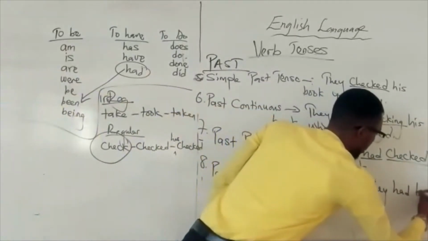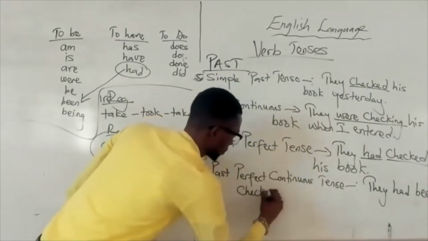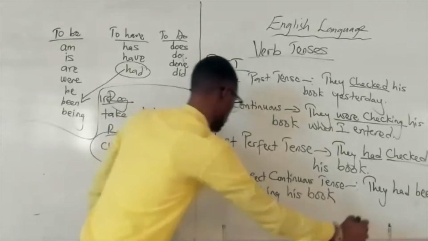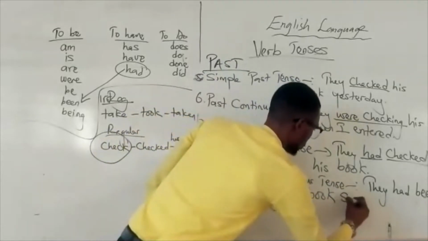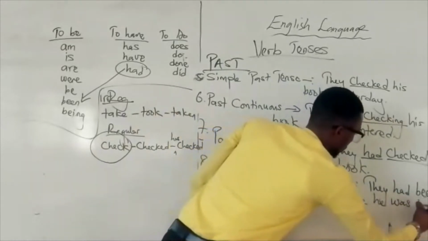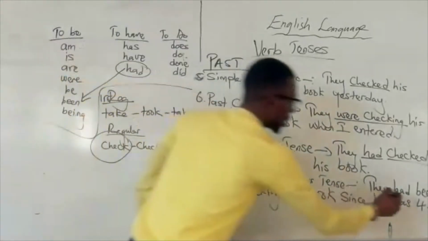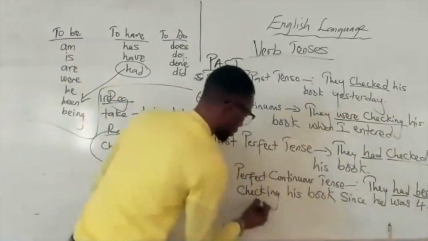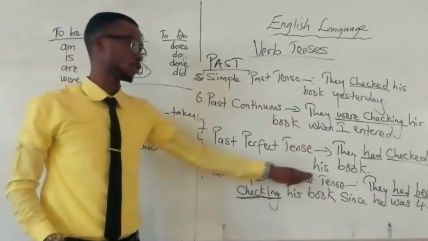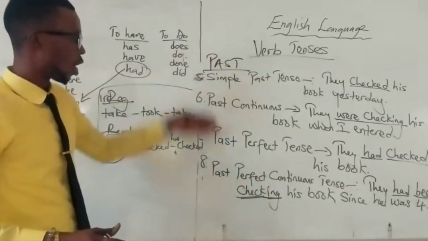They had been checking his book since it was 4. They used had plus been plus the verb plus the ing form of the verb to communicate the past perfect continuous tense. Okay, so don't forget this. This is all for the past.